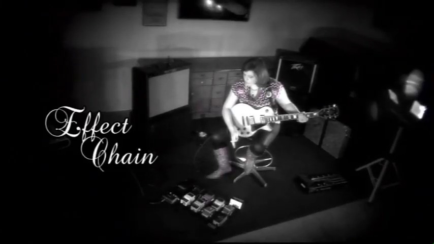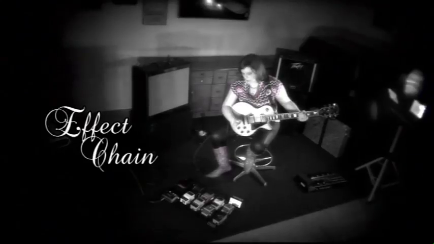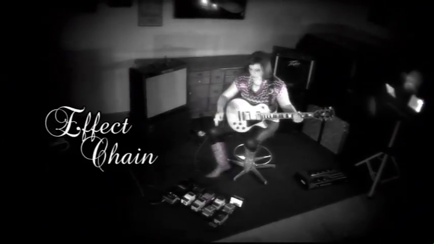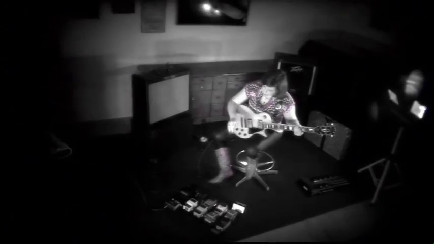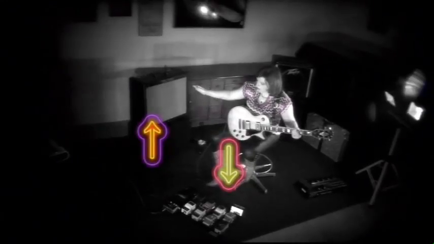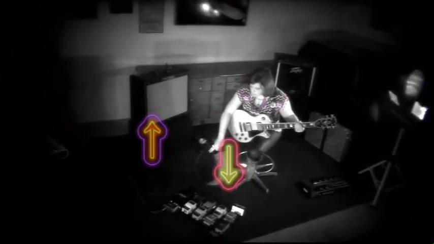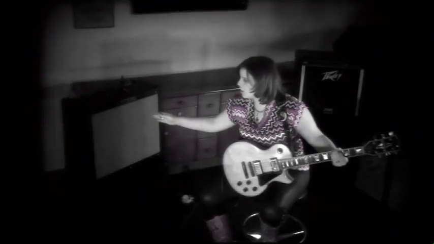When it passes through the chain of effects, there are certain rules for the most proper way of making adjustments over the signal from the guitar towards the amplifier. Once you make those adjustments on the chain of effects, the output of that chain goes into the input of the amplifier.